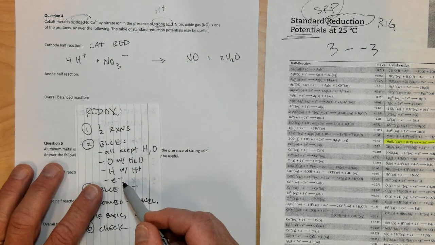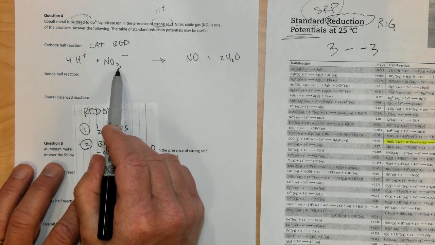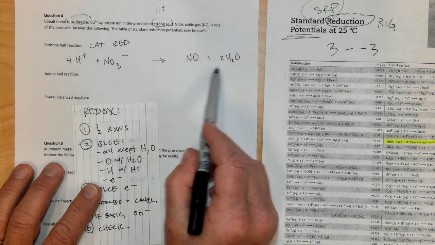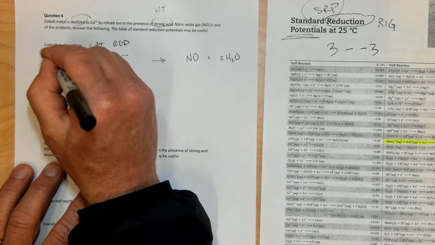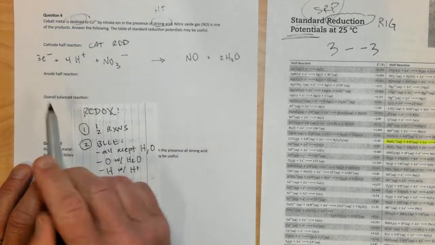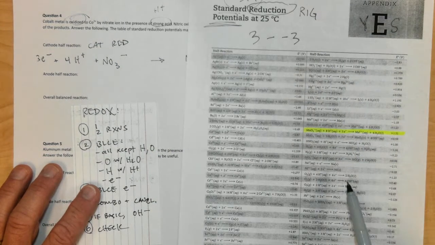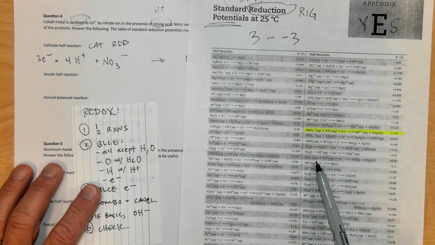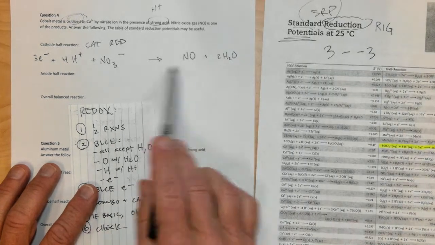And then balance the charge with electrons, and since I have positive 4 right here, and I have 0 right here, that means I'm going to need 3 electrons, I believe, because that gives me a 0 on this side and a 0 on this side. And just to check, I can see that that's the exact same reaction that's right over here as is written right here.